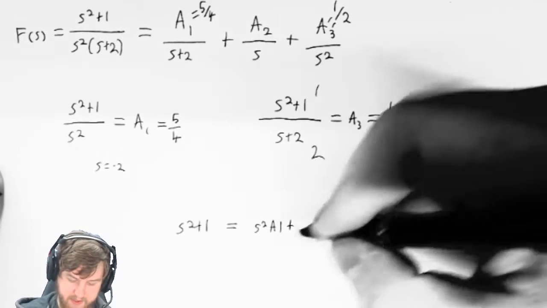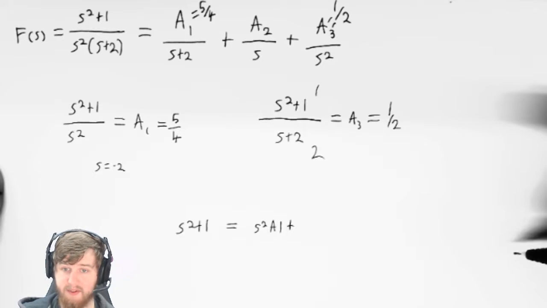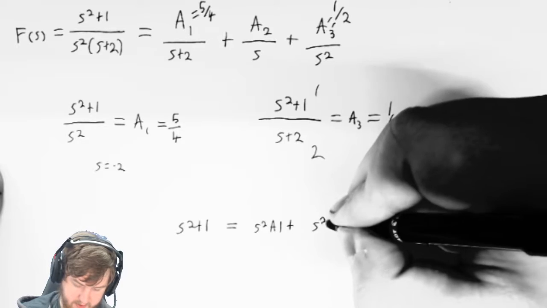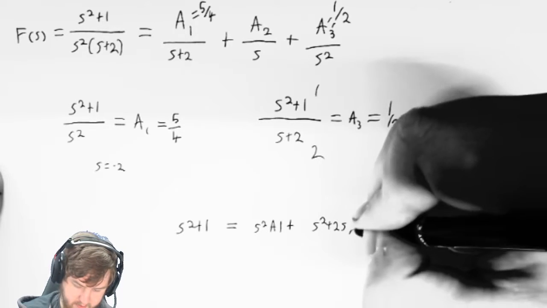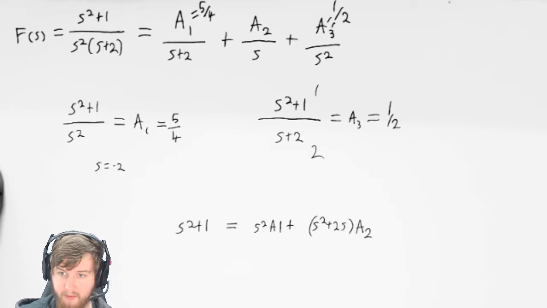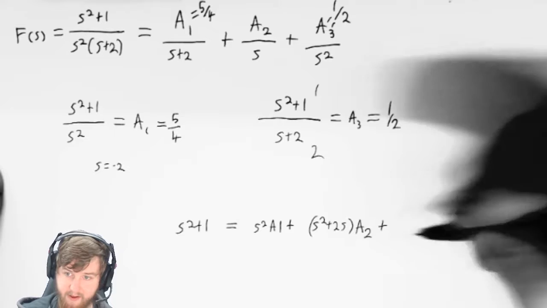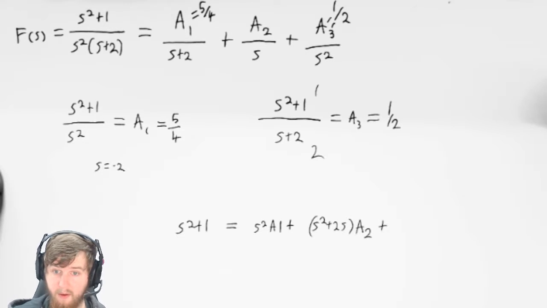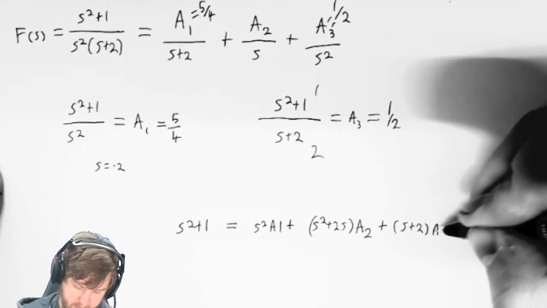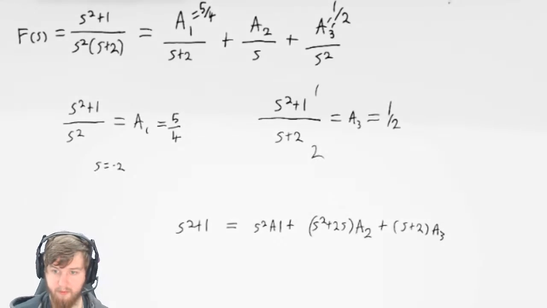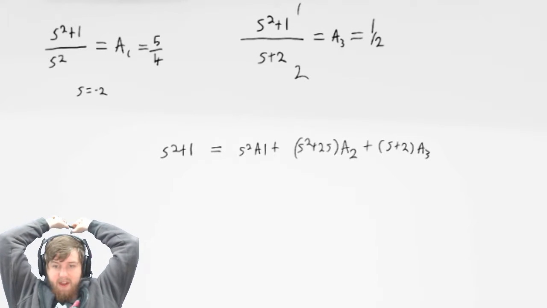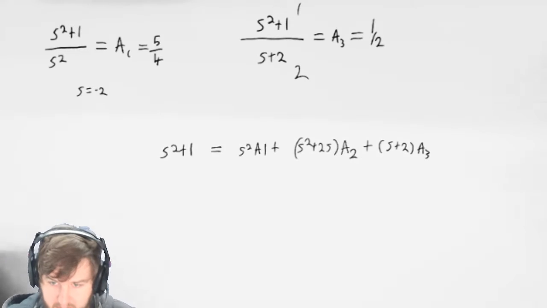And that's going to be plus, same kind of thing here, s squared plus 2s times a2. And then we're going to have s plus 2 times a3. So we can multiply everything out further and gather our like terms, and hopefully that'll give us a relationship.